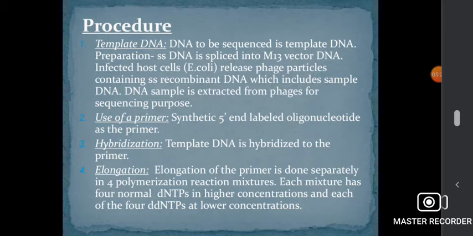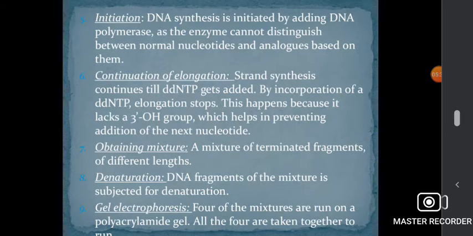Each reaction mixture has four normal dNTPs in higher concentrations and one of the four ddNTPs at lower concentration. Fifth step, initiation. DNA synthesis is then initiated by adding DNA polymerase, as the enzyme cannot distinguish between normal nucleotides and their analogues.